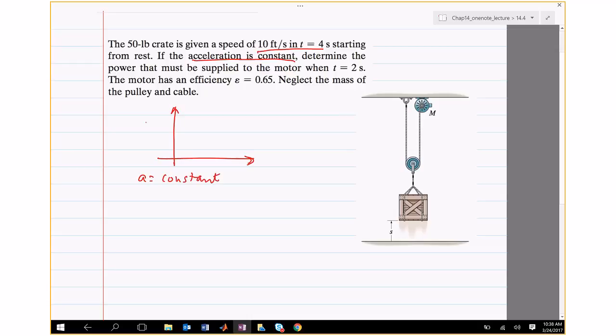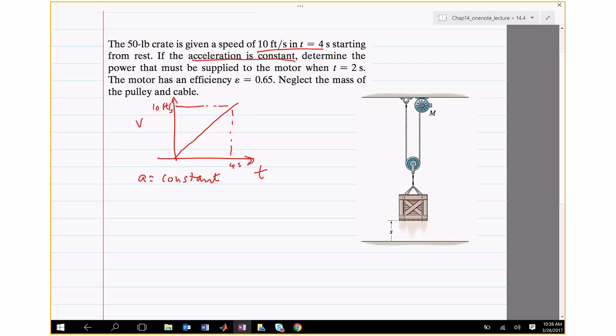Okay, so what would be the velocity time graph? It'd be linear. It'll start from rest and go up to 4 seconds. At 4 seconds, the speed is going to be 10 feet per second.